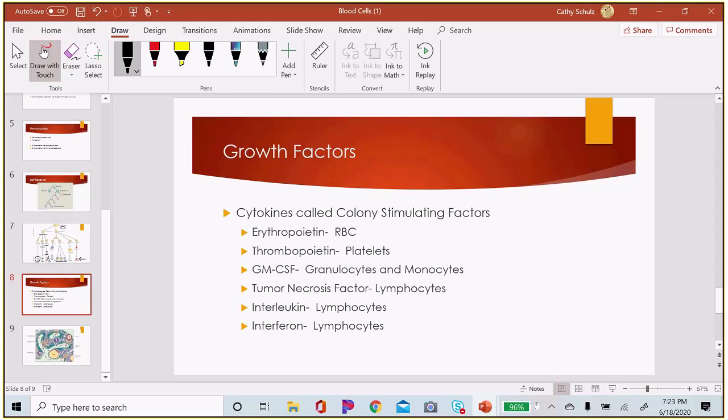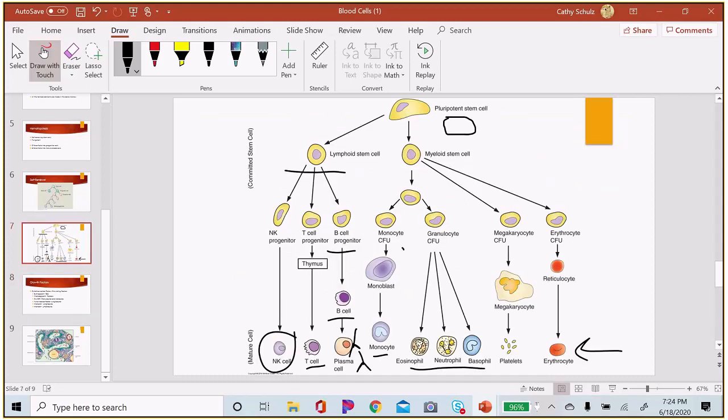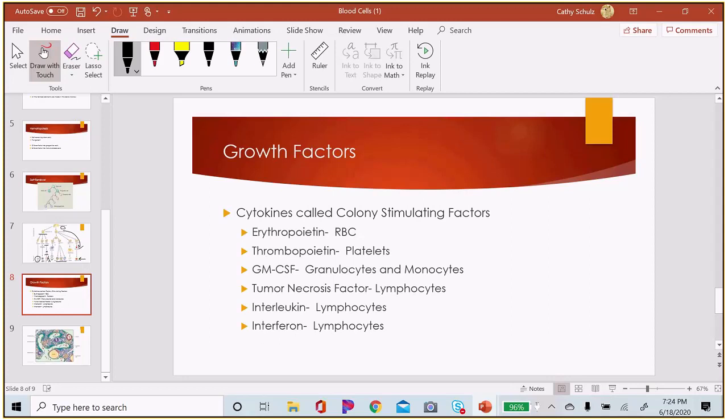So erythropoietin is a type of growth factor that would specifically tell the bone marrow to go down this erythrocyte cell line and make more red blood cells. Thrombopoietin is the stimulator for platelets. There are granulocyte colony stimulating factors for some of our more immature innate immunity white blood cells, and tumor necrosis factor, which helps send the message to increase lymphocytes.